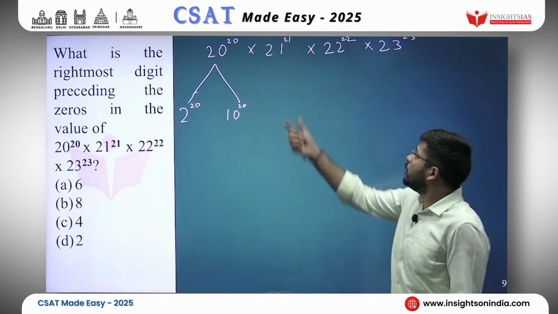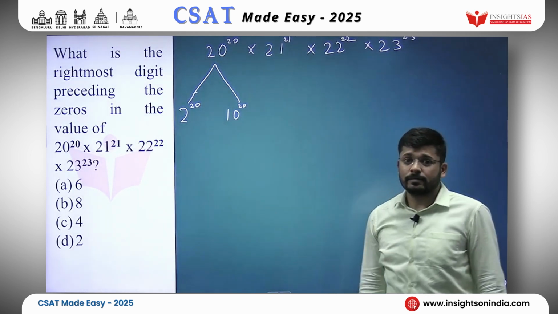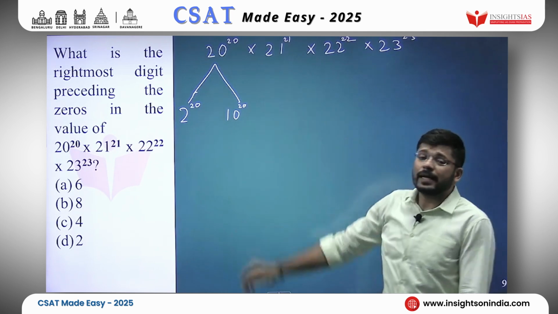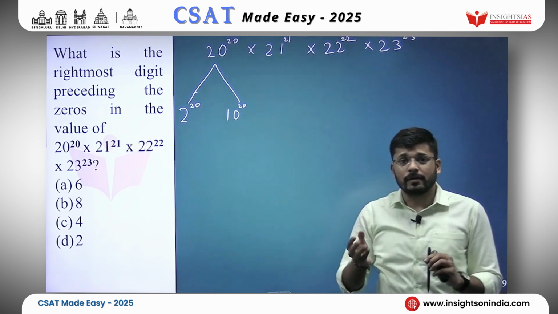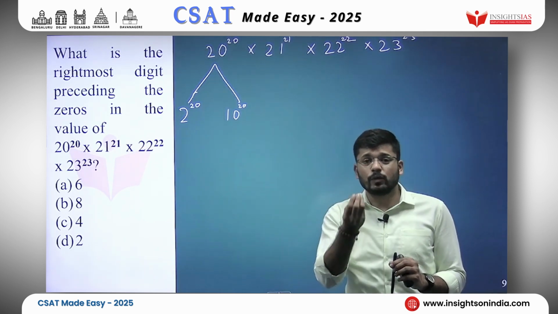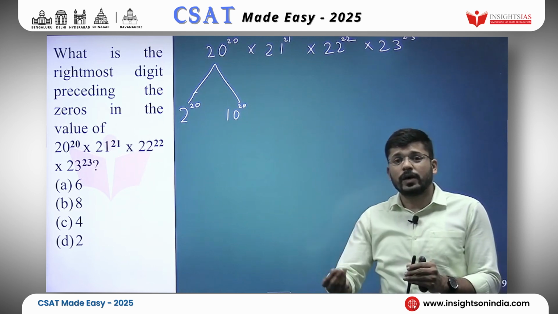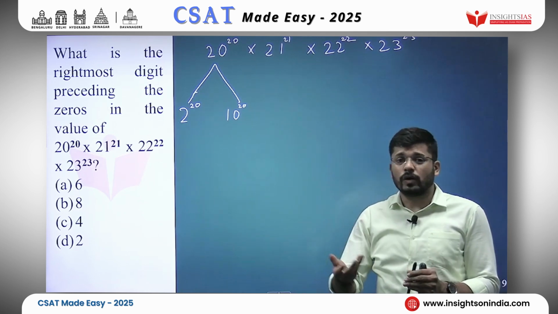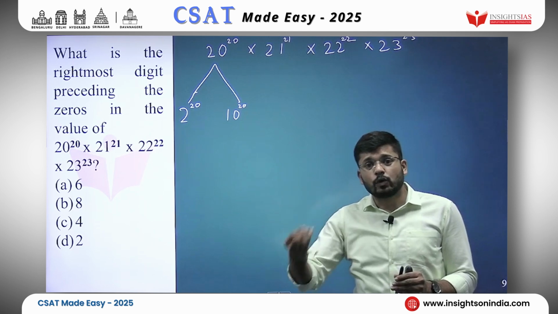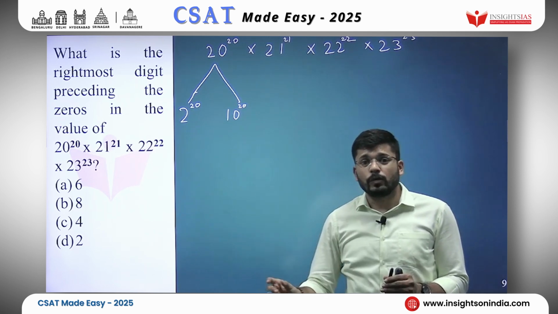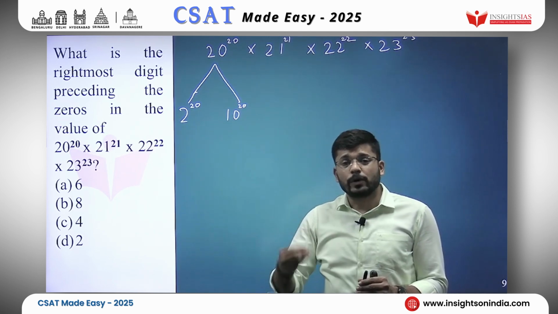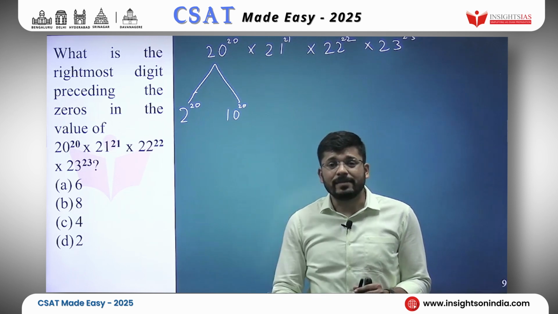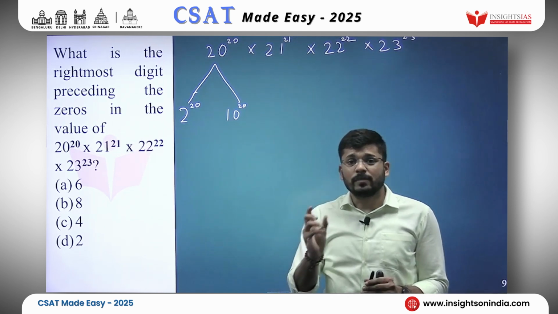Why? Because the last digit is 1 here, and the cycle of 1 has only one value, which is 1. 21 into 21, the last digit will be 1, it is 441. 21 into 21 into 21, the last digit would be 1. 21 to the power of 4, 21 to the power of 5, 21 to the power of anything, the last digit will always be 1.